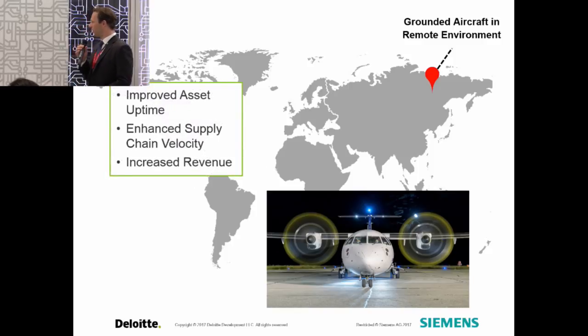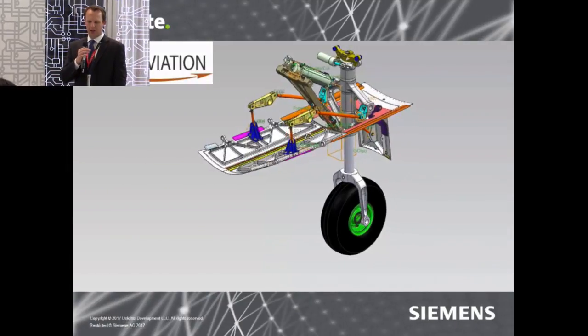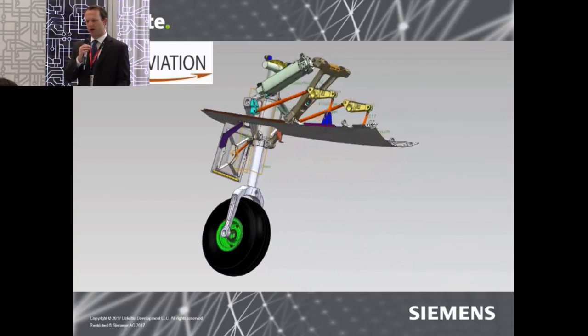So our goals in doing this are just improved asset uptime. We want to increase the responsiveness of the supply chain and ultimately help our clients increase their revenue as they implement digital thread.